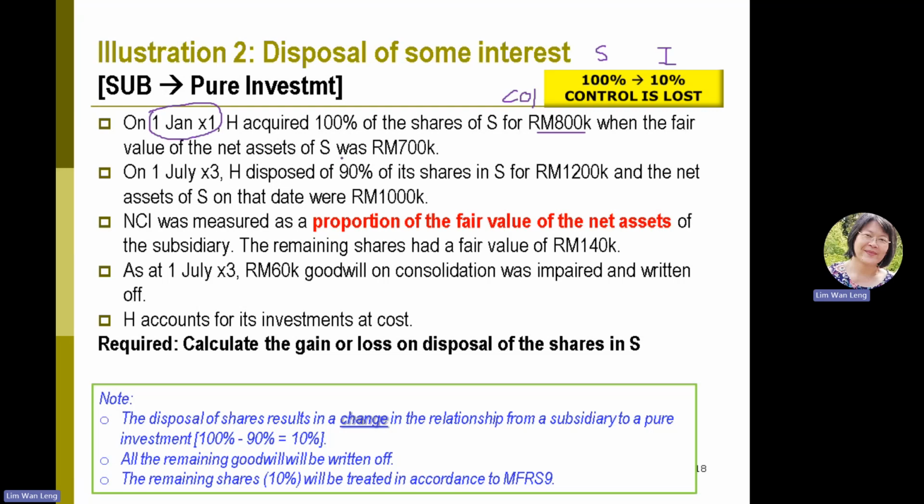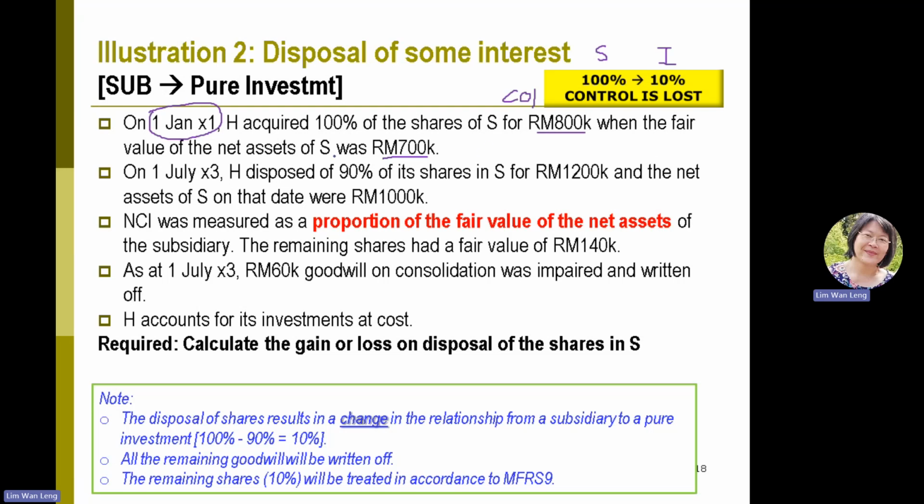When the fair value of the net asset was 700,000. So which means you can safely calculate how much is your goodwill already, right? Because cost of investment, no NCI, because this is 100% acquired by you.